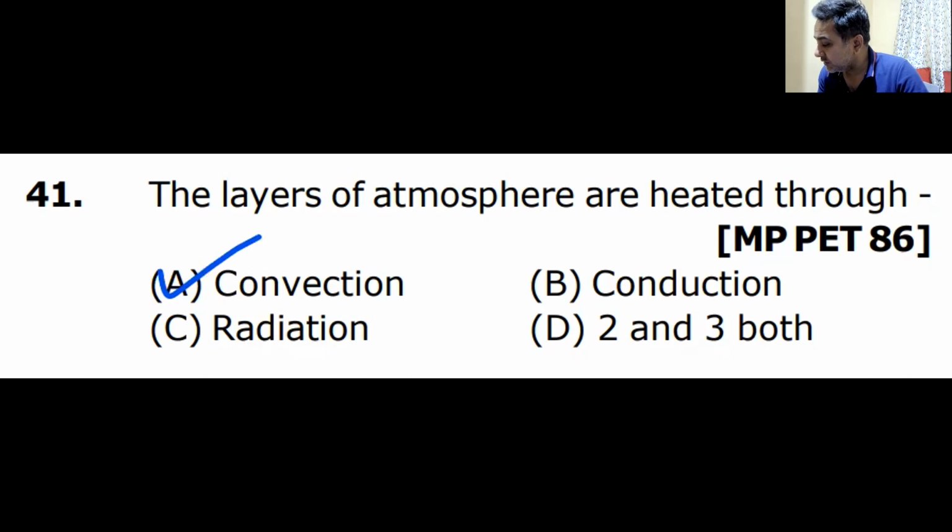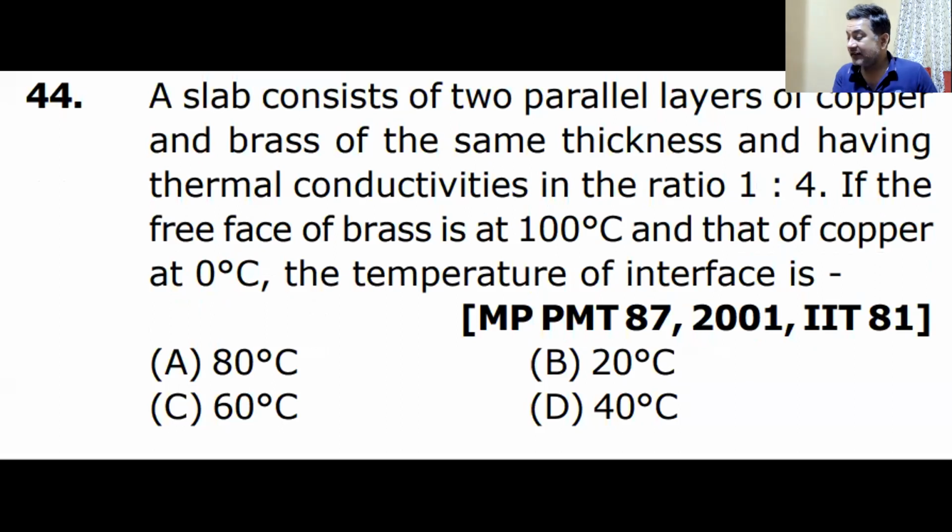Let us see who gives me this. This is the question from IIT. Let us see if you can do this. A slab consists of two parallel layers of copper and brass of the same thickness and having thermal conductivity in the ratio 1:4.